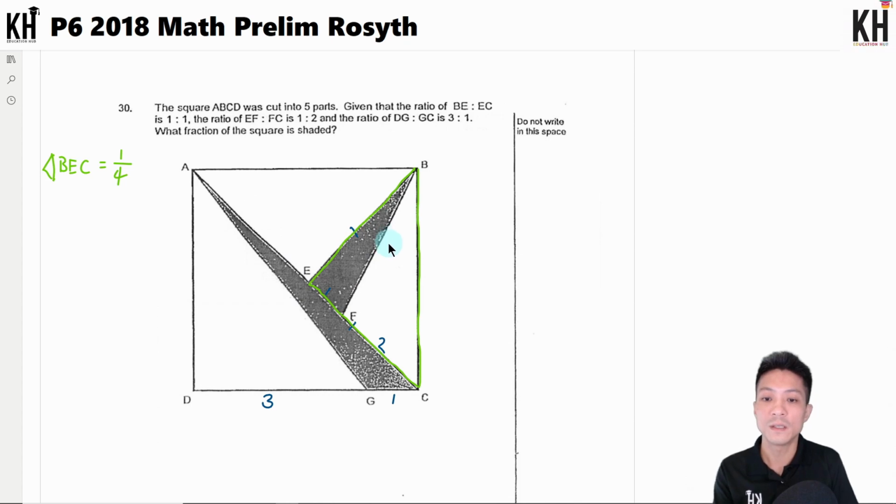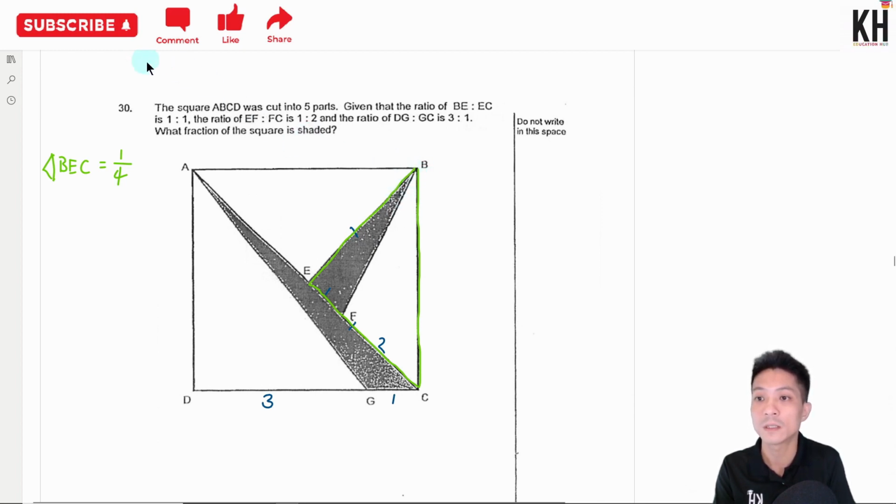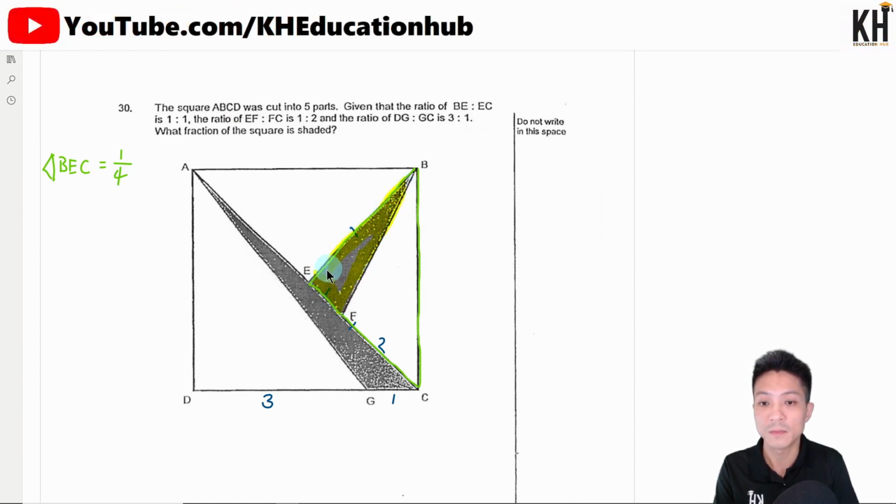Okay, the next thing to know is the area of this shaded part here. That means I color it. I'm gonna try and color it. This part here, the base is 1 unit, right?